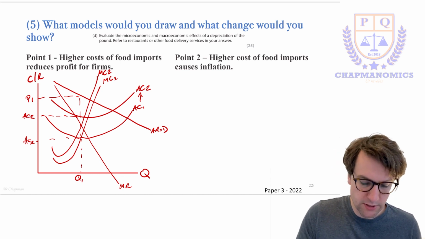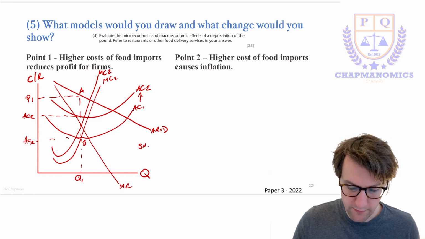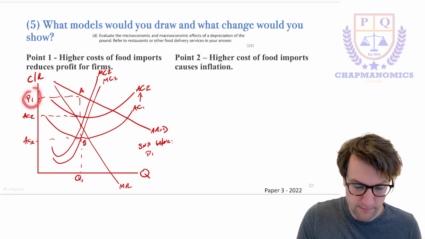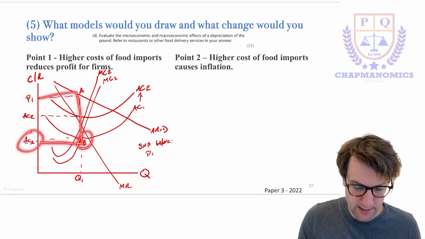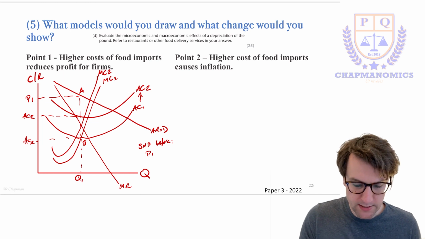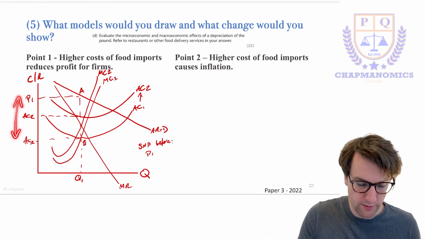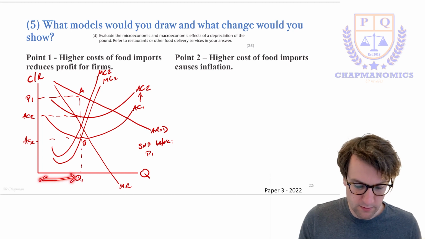And what I can now show is that profit before, so supernormal profit before, is P1, A, B, AC1. So it represents this area here. That is our profit before, because it's the amount of profit that you make per unit, the difference between your cost and the revenue you're getting in for every single unit.